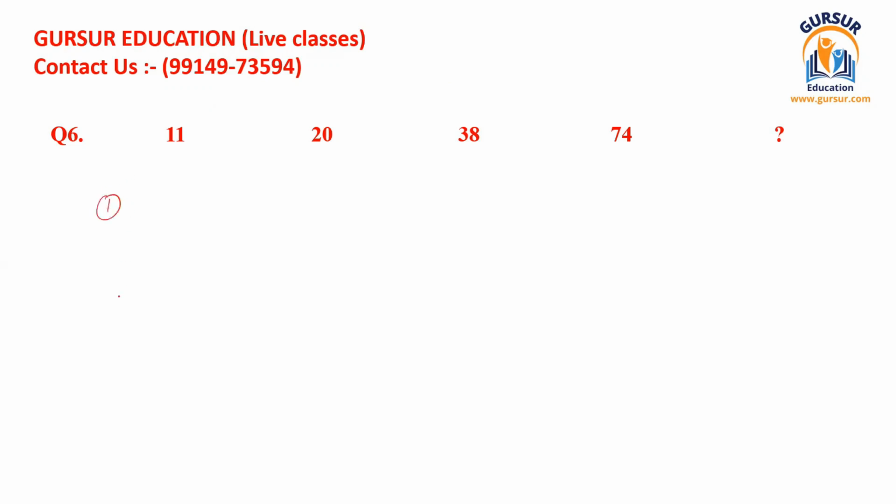So just placing here the combination of all possible elements, I'm writing here 11, then 20, then 38, then at the fourth place 74. Just going to write here the sign of multiplication with all.